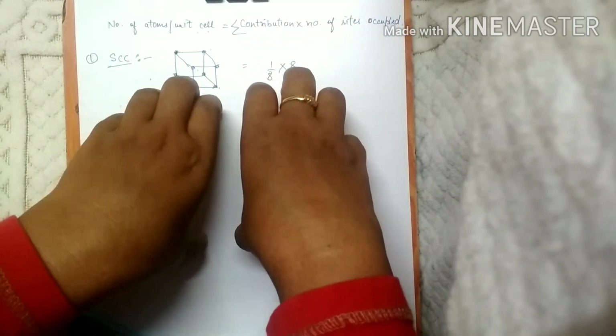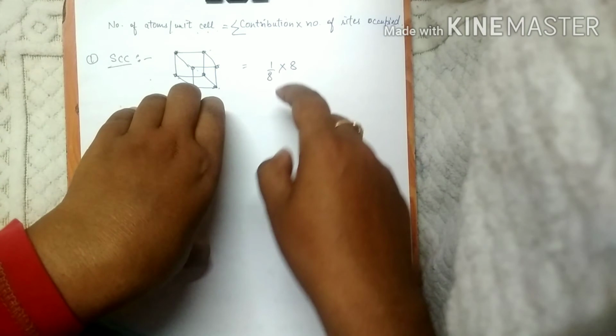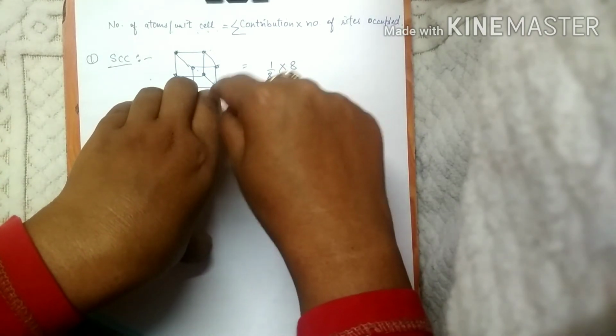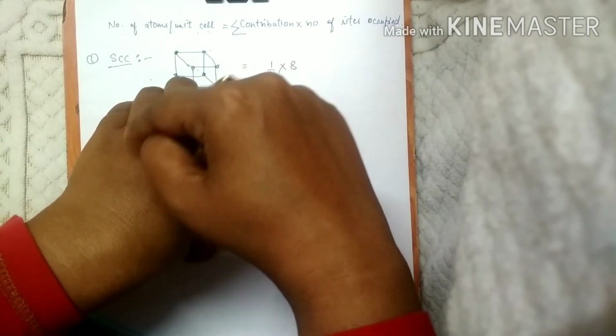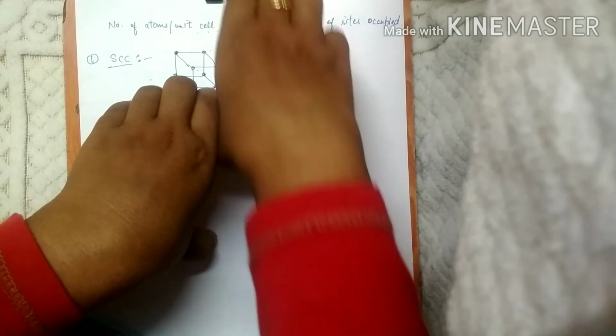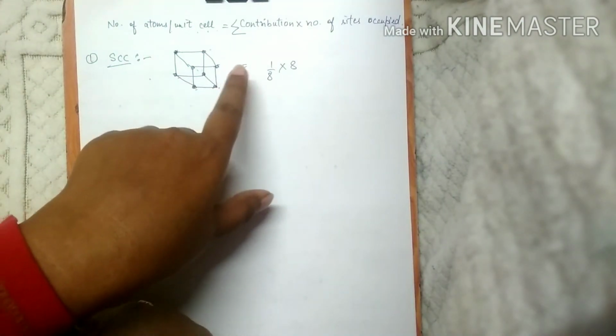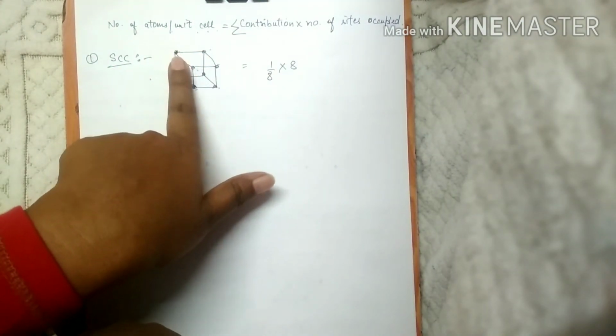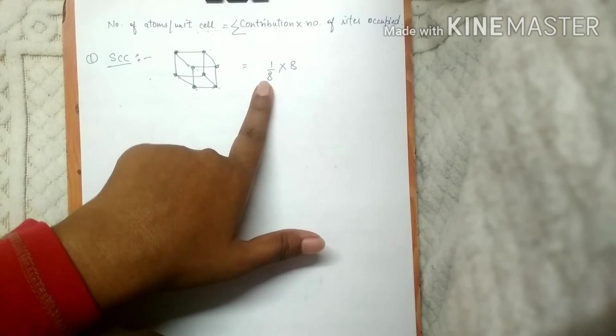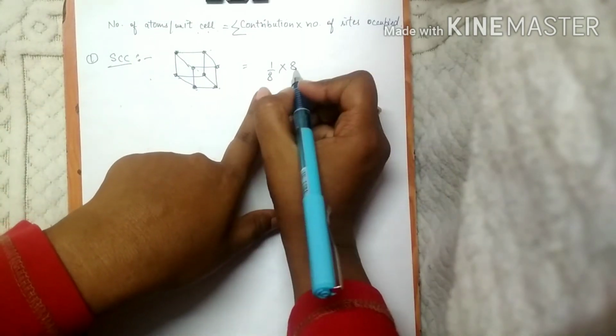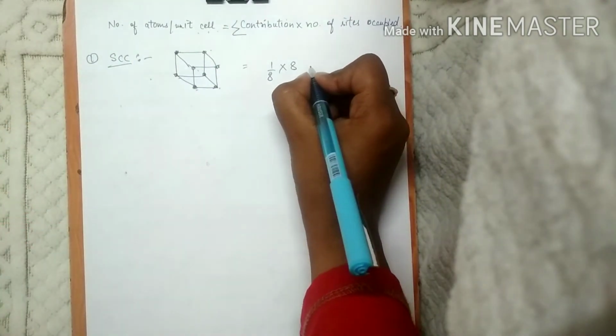Four more will be above this, 1, 2, 3 and 4. So if an atom is present at this corner, it will be shared by 8 unit cells, 1, 2, 3, 4 and 4 above, total 8. So one atom at the corner contributes 1/8 to one unit cell. So the total number of atoms per unit cell will be 1.